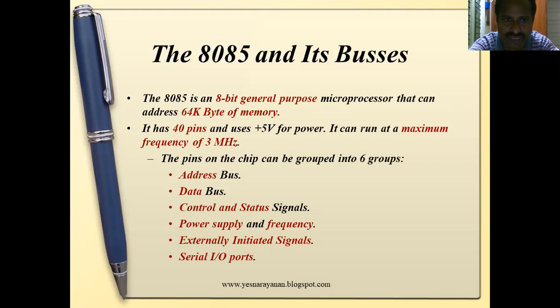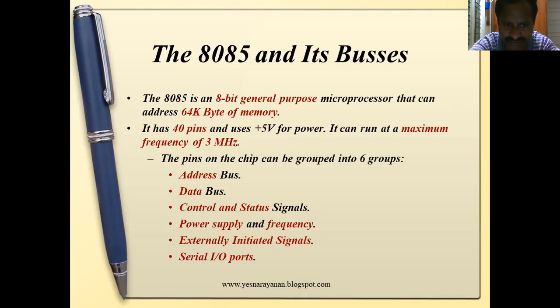Because 8085 addresses 64 kilobyte of memory, the width of the address bus must be 16-bit. As we know that it is an 8-bit microprocessor, the width of the data bus must be 8-bit.